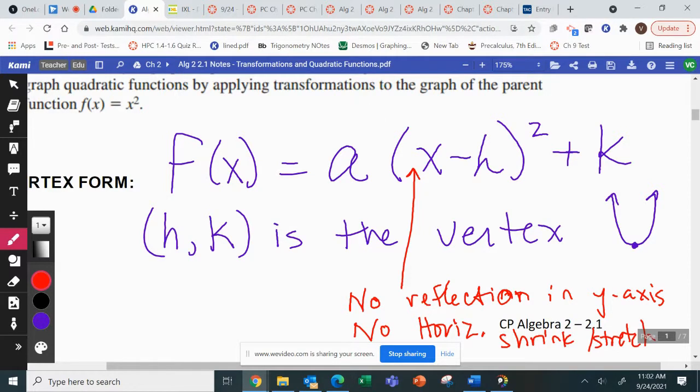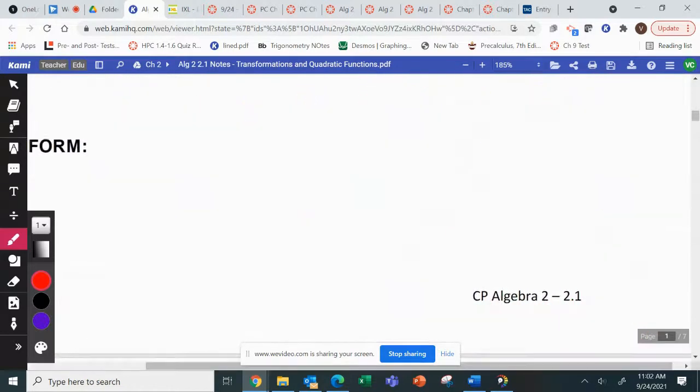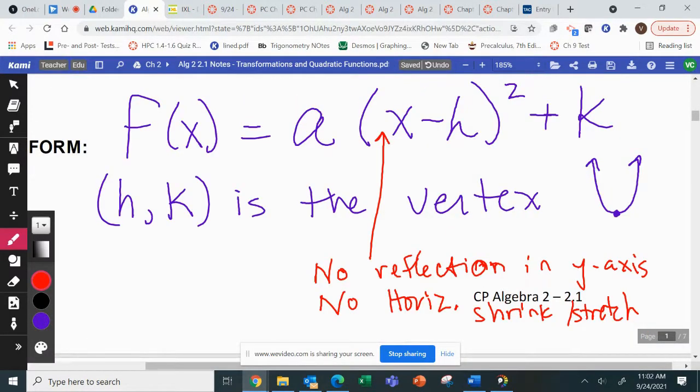If it's in this form, you will not have a number in front of that x other than 1. Okay? If it is in that form, you can see h, k, vertex, done. We know where our vertex is. Okay?